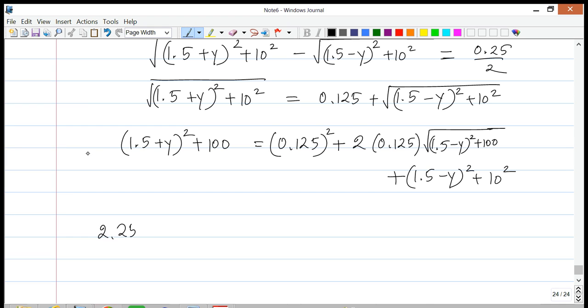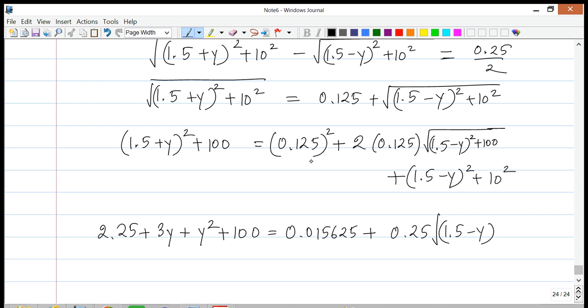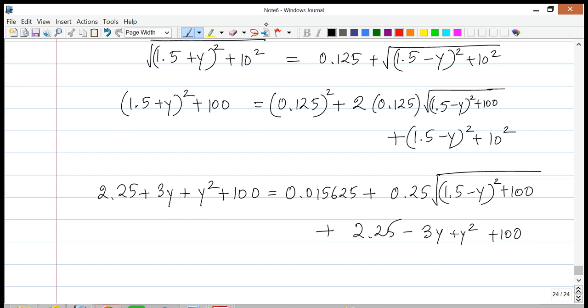So you get 2.25 plus 2 times 1.5 times y, so it becomes 3y, plus y squared plus 100, equals 0.125 squared, which is 0.015625, plus 0.25 times the square root of (1.5 − y) the whole squared plus 100, plus we have once again 2.25 minus 3y plus y squared plus 100. Now if you look at these two sides, a lot of terms cancel out.